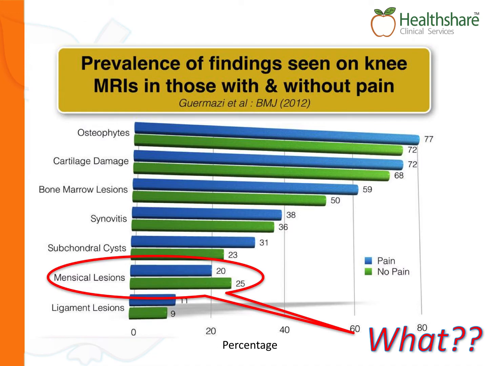So what we've done is we've put a chart together looking at findings on knee MRI scans in those with and without knee pain. So the bit that we've circled here is that 25% of people who had an MRI scan had some form of meniscal changes. So they've called it a meniscal lesion here, so that might be a slight degenerative tear or wear change.